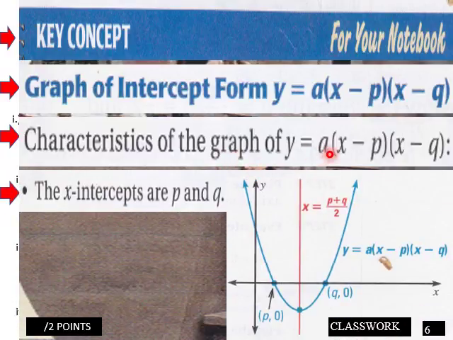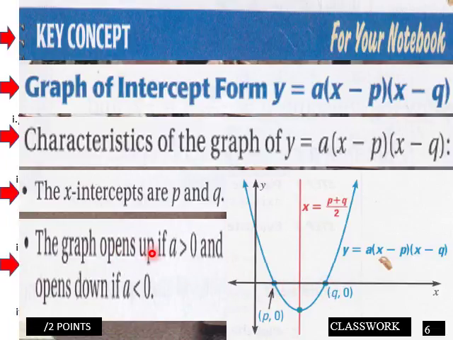And then we're going to get into a key concept of intercept form of a quadratic. The characteristics of this graph: here is (p, 0), then (q, 0). Those would be your x-intercepts, and how they relate to this form of the quadratic. And then x equals (p plus q) over 2. So this would be your axis of symmetry, and the way that you would find your axis of symmetry is it would be halfway between your two x-intercepts.